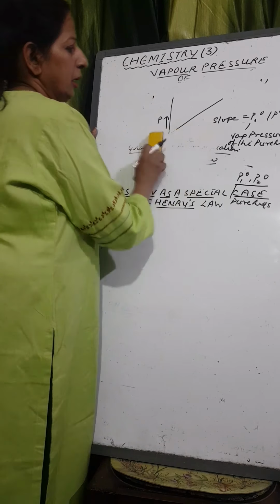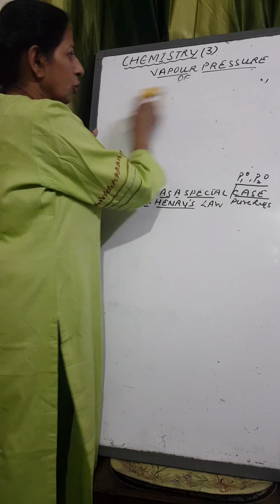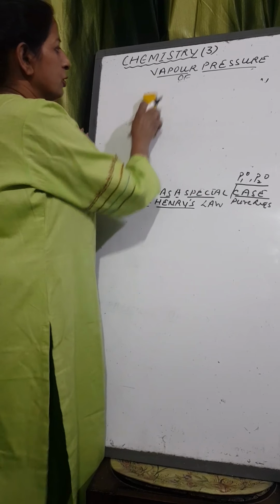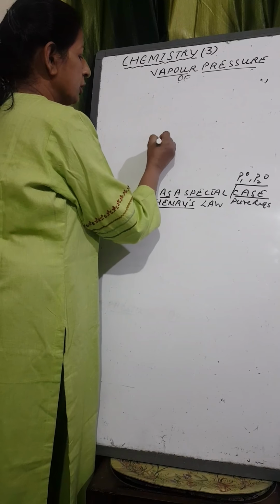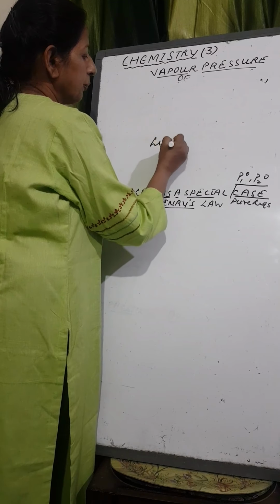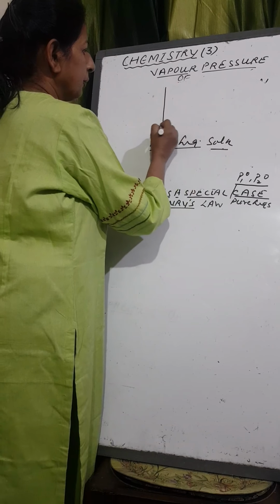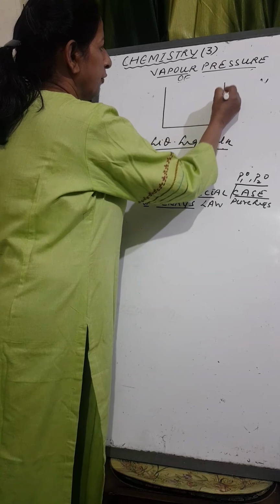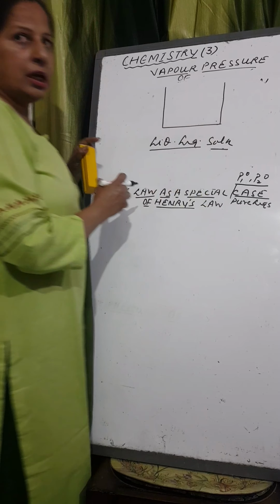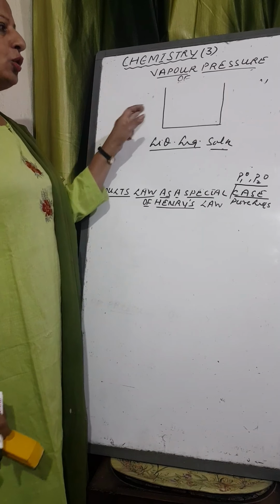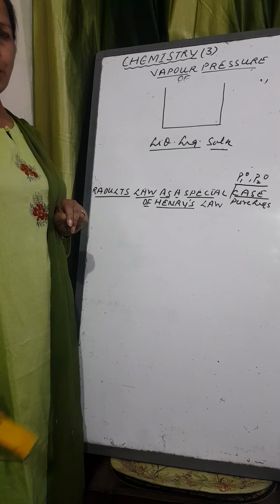Now after this, we can also represent Raoult's law for the liquid-liquid solution by plotting the graph between the vapor pressure of both the liquids with respect to the mole fraction of both the liquids.